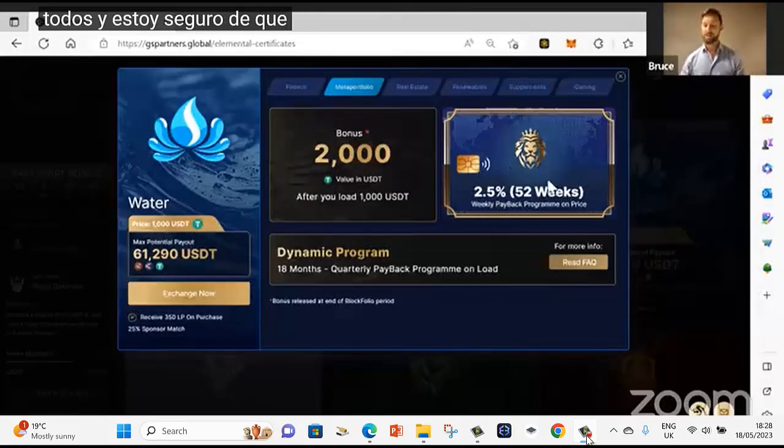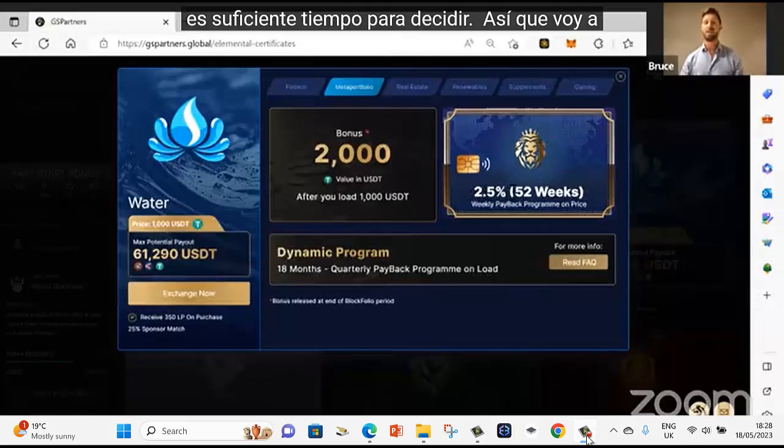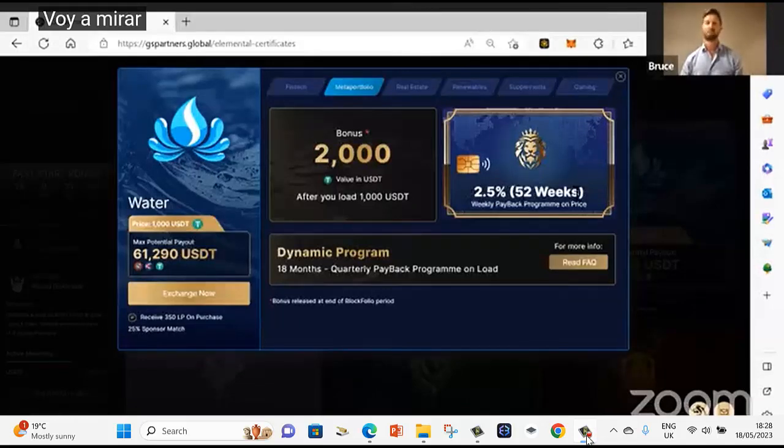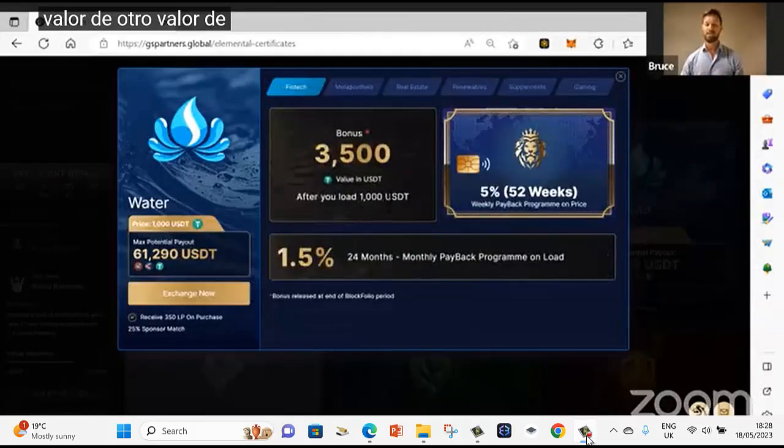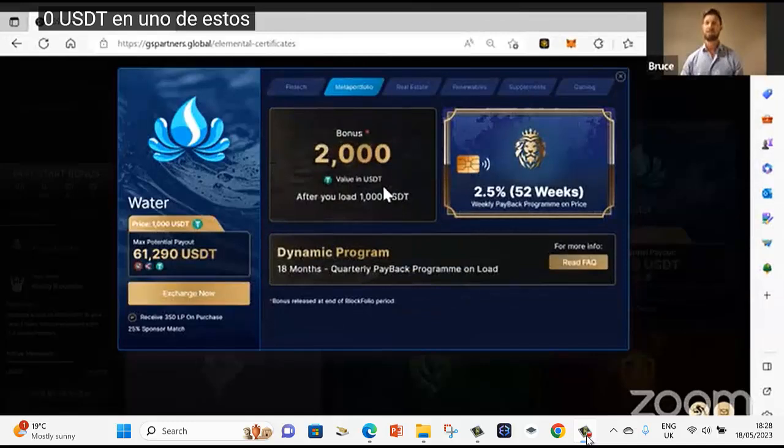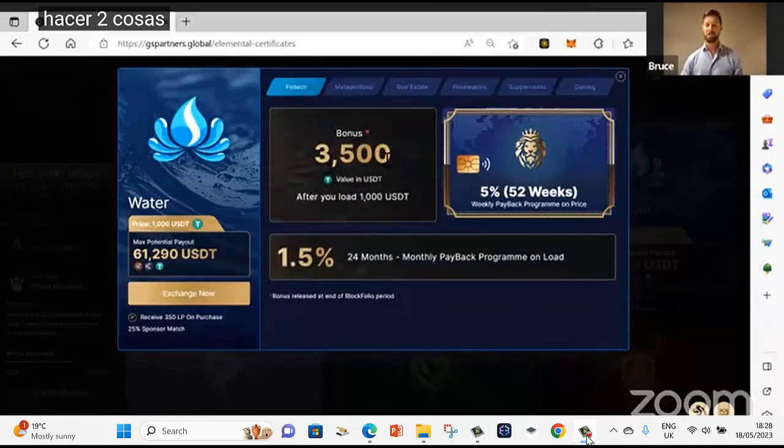The price unlocks a 2.5% weekly payback for a 52-week period. Now, for those of you who are doing math, you might be going, all right, I'm going to load 1,000 USDT into FinTech. I'm going to load 1,000 USDT into Meta Portfolio. That means I'm going to get a bonus of 3.5 at the end of 24 months.